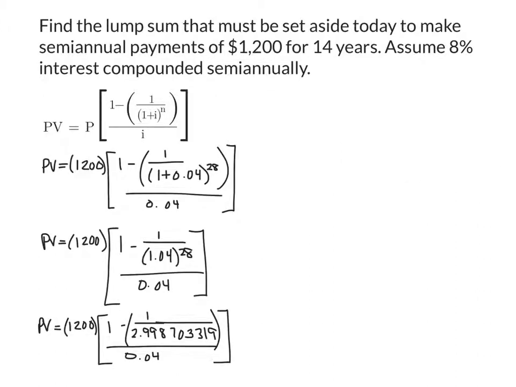So as a review, we're going to plug those values in and work from the inside parentheses out. So first we'll add 1 plus 0.04 and you get 1.04. Next, we'll raise 1.04 to the 28th power.